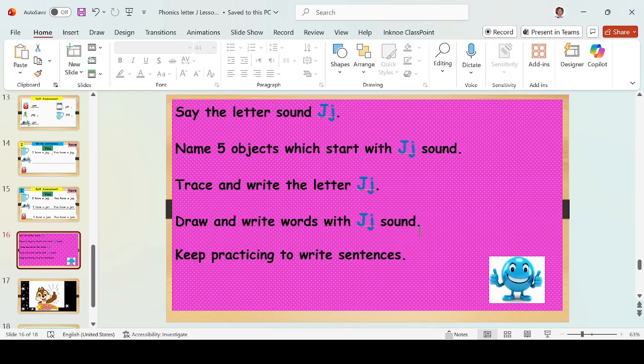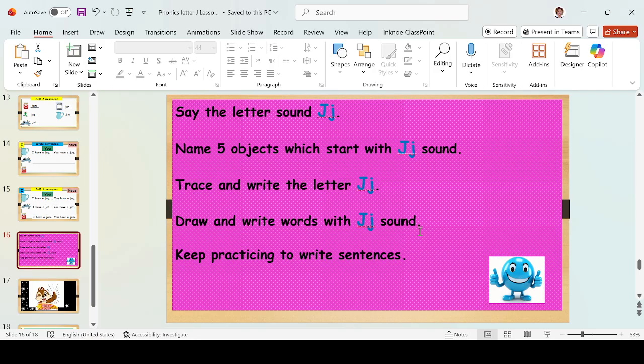You can start to write so many sentence structures that we did before. This is a jar. This is a jet. That is a jet. Those sentences, you remember? We did this is a, that is a. We also did this is my. You can write this is my jug. This is my jug. I have a jug.